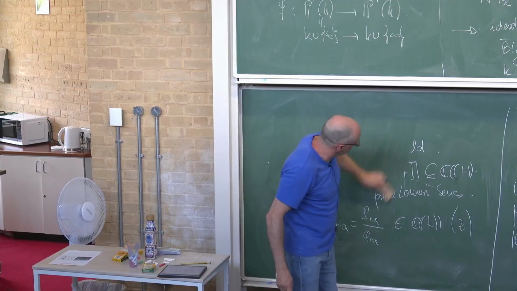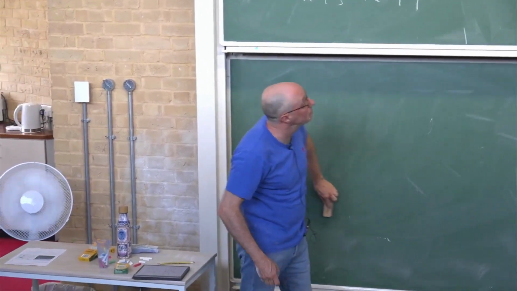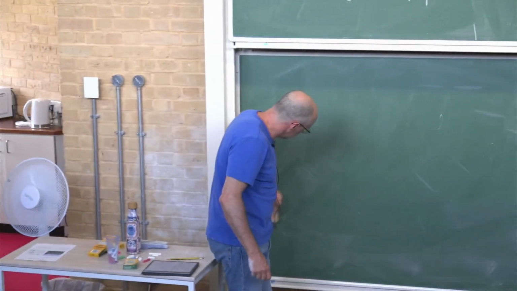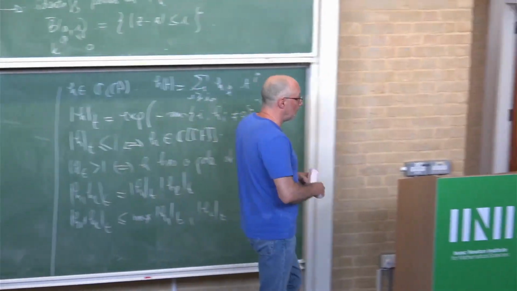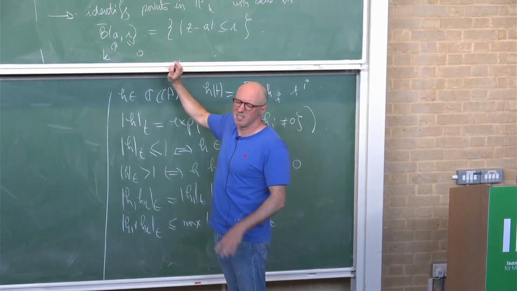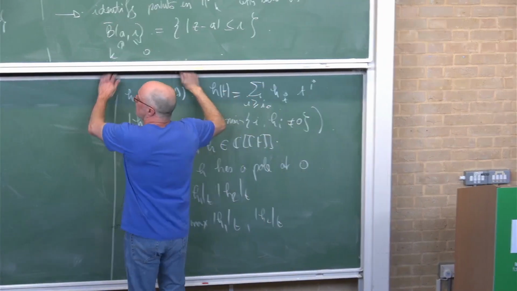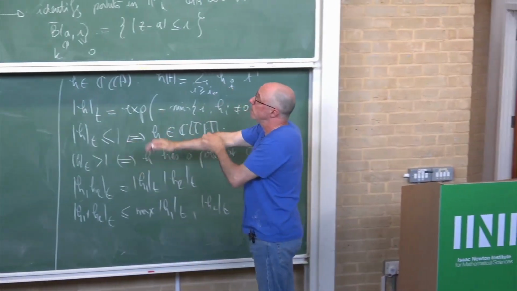I'm going to explain that a closed ball defines one point in the Berkovich identification. And you can think of the Berkovich identification as being the set of all closed balls. It's not exactly true, but we're going to work with fields for which this is actually true.